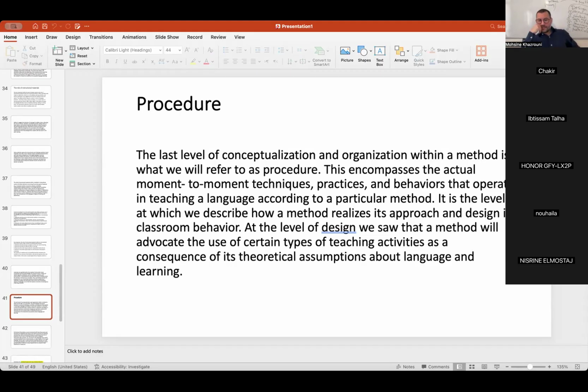It's the level at which we describe how a method realizes its approach and design in classroom behavior. At the level of design, we saw that a method will advocate the use of certain type of teaching activities as a consequence of its theoretical assumption about language and learning.